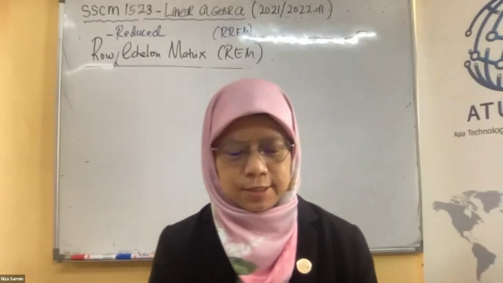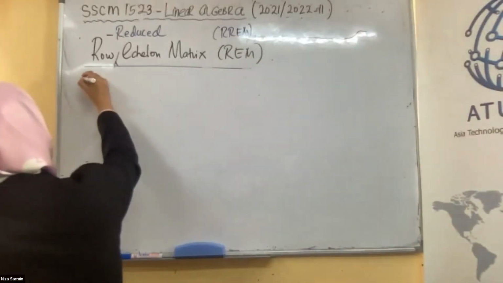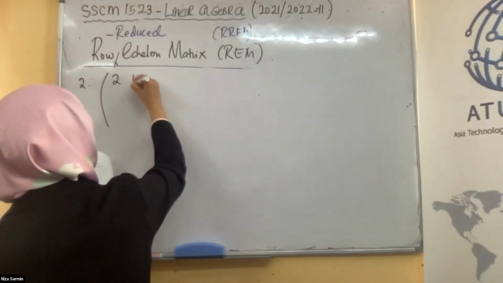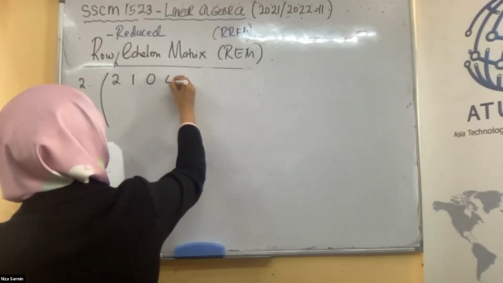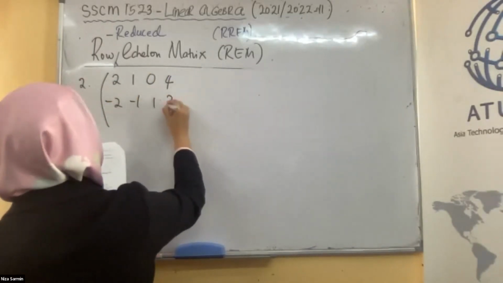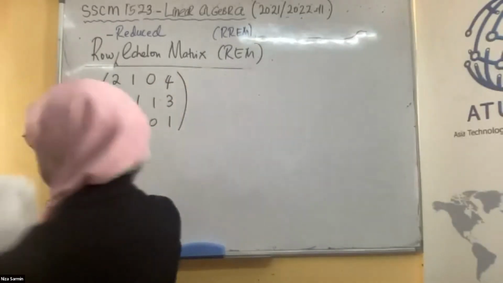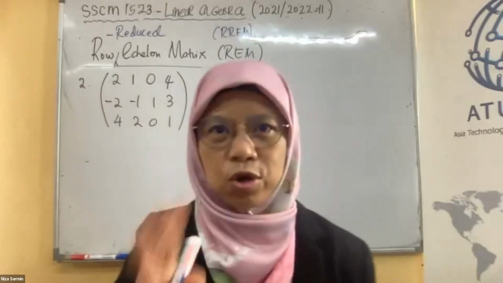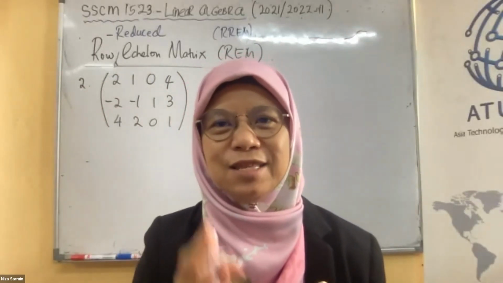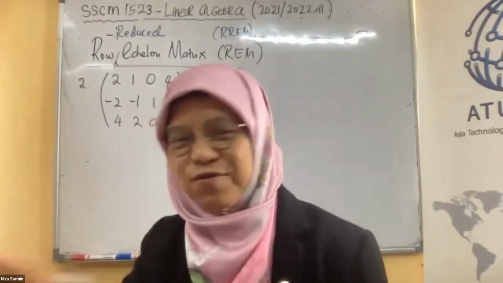Let's see, we have this second example: 2, 1, 0, 4, negative 2, negative 1, 1, 3, 4, 2, 0, 1. Everyone focus on the screen. You cannot refer to anything.